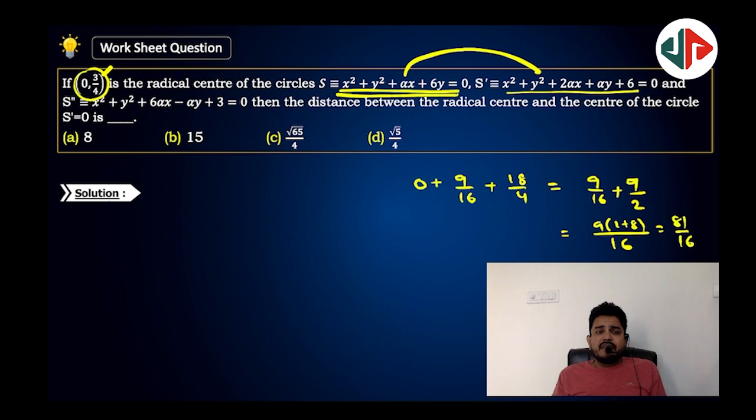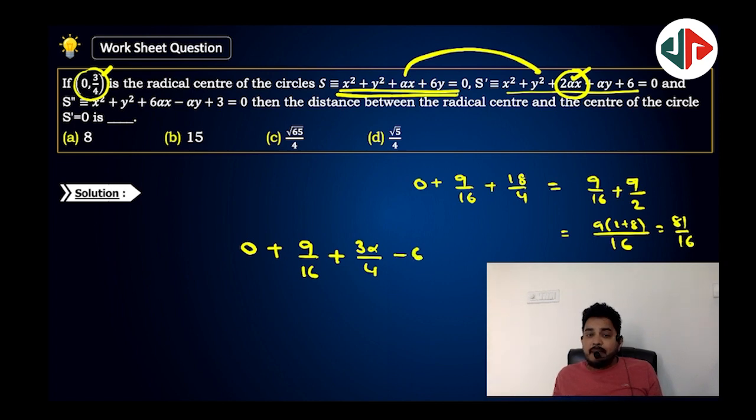So what is the power of this point with respect to this circle? This is 0 plus 9/16 plus this value, with (0, alpha). So this is equal to 3 alpha/4 minus 6 minus 9 plus 6 is equal to 81/16.